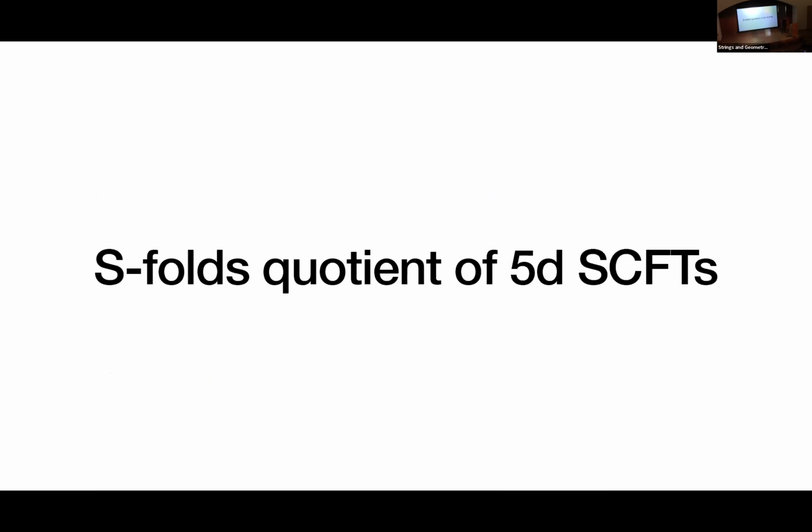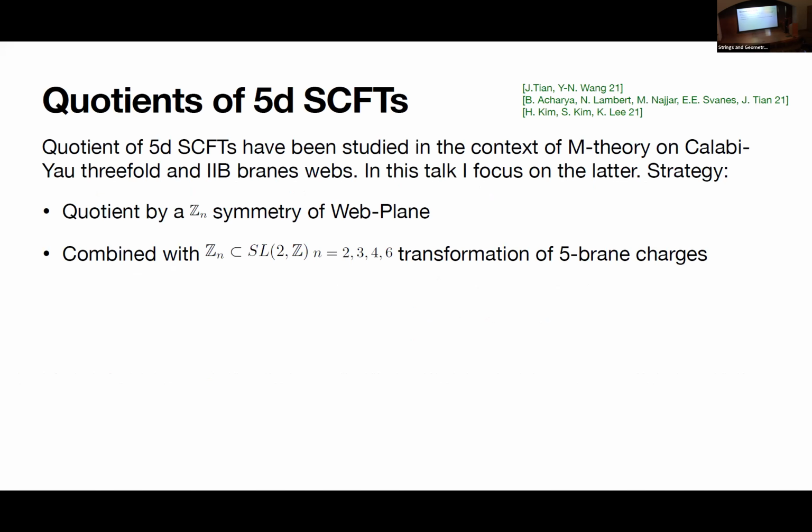Okay, so let me talk about S-fold quotients of 5D CFTs. This quotient was studied in the context of M theory, but also 2B brane webs, in these three papers that appeared in 2021. I will focus on the 2B side, though there is also an M theory version of this quotient.